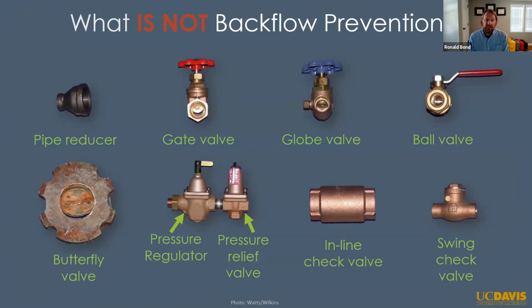These are devices that are not considered backflow prevention by the FDA. So you can see that if you're using a spigot with a globe valve on it, it can fail. I mean, you've all done it, right? You have spigots at home, or you have them on your farm, and they fail constantly. You have to replace them.